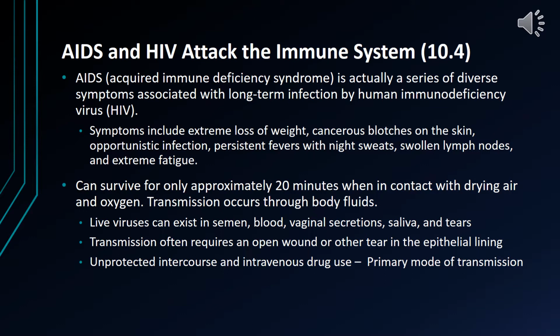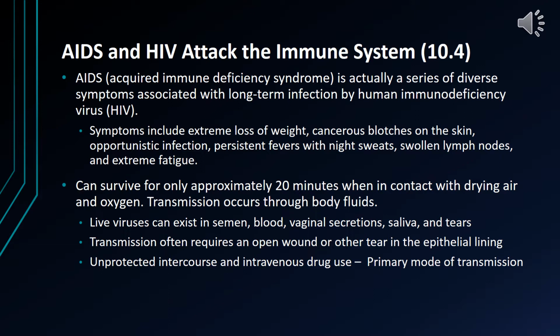And despite the fact that AIDS seems like such a terrible virus, it can survive for only approximately 20 minutes when in contact with drying air and oxygen, which is quite interesting actually. So this means that transmission of HIV occurs through body fluids. The live viruses can exist in semen, blood, vaginal secretions, saliva, and tears.